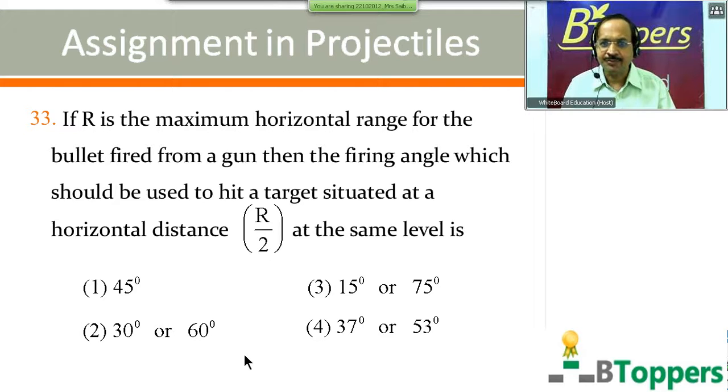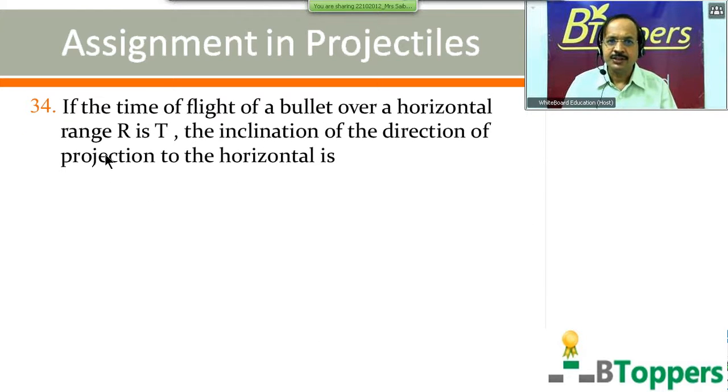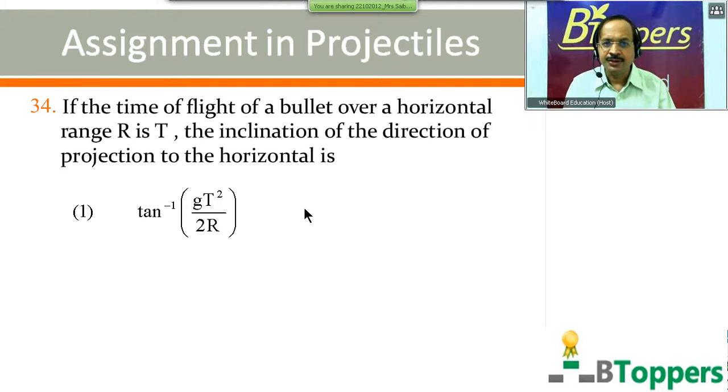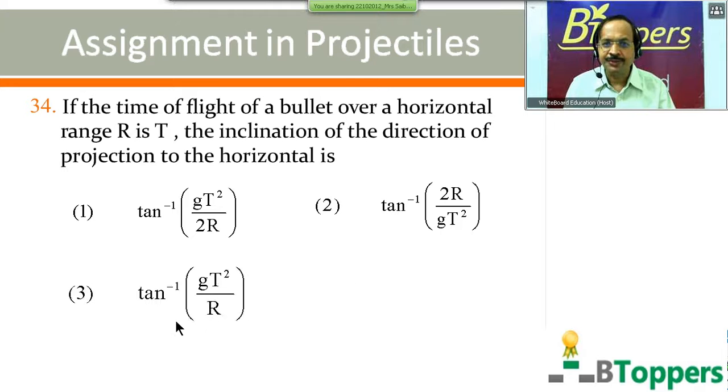Question number 34. If the time of flight of a bullet over a horizontal range R is capital T, the inclination of the direction of projection to the horizontal is. Four options I am showing on the screen. First option, tan inverse gT square by 2R. Second option, tan inverse 2R by gT square.